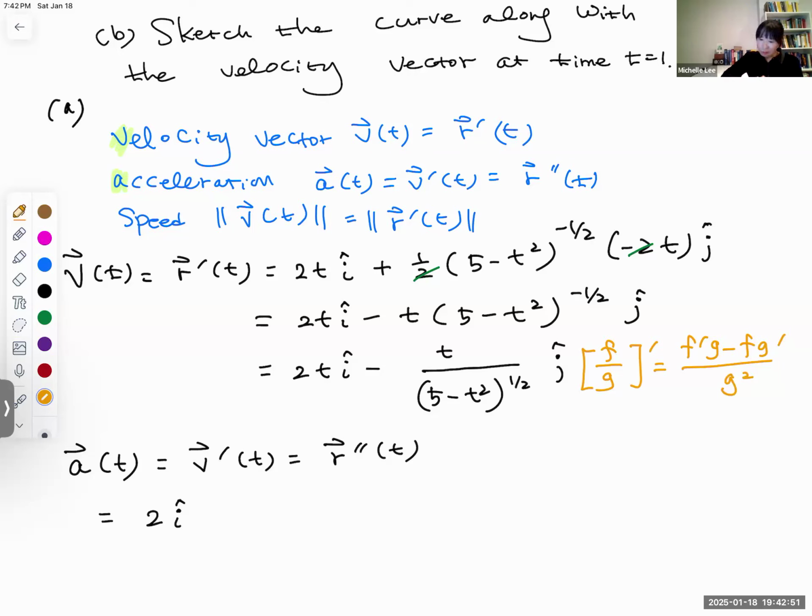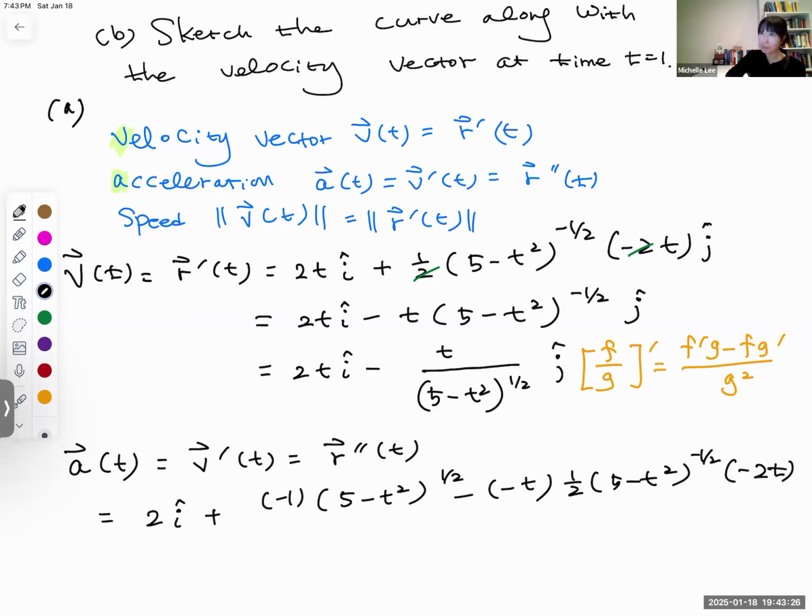So f prime is negative 1, times g, 5 minus t squared to the 1/2, minus f, negative t, times g prime, 1/2 times 5 minus t squared to the negative 1/2, and chain rule negative 2t, all over g squared, which is 5 minus t squared to the 1/2 squared, and then the j hat term.